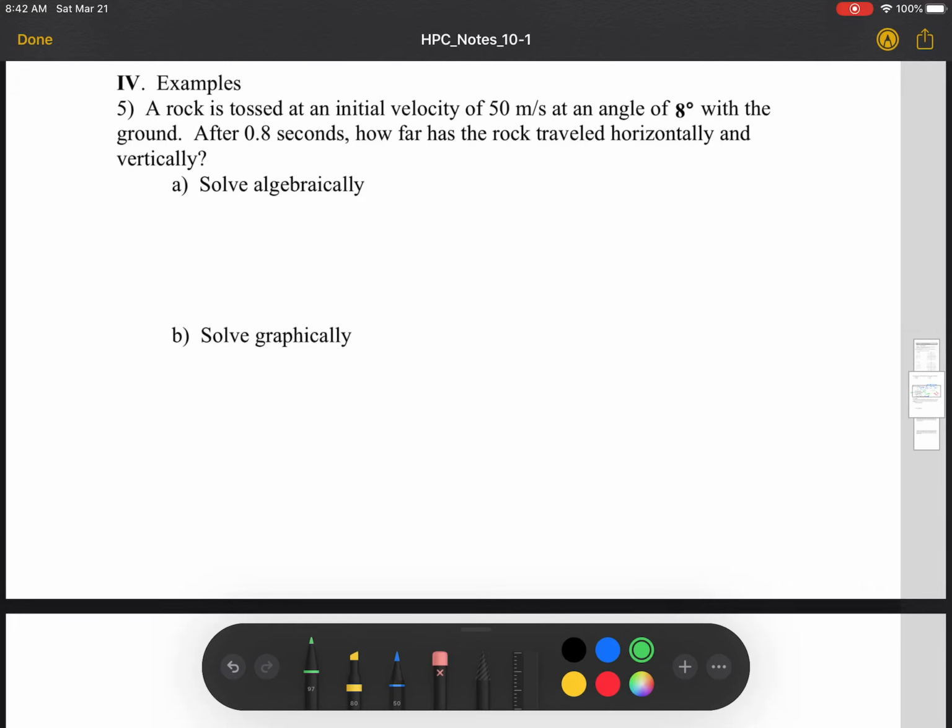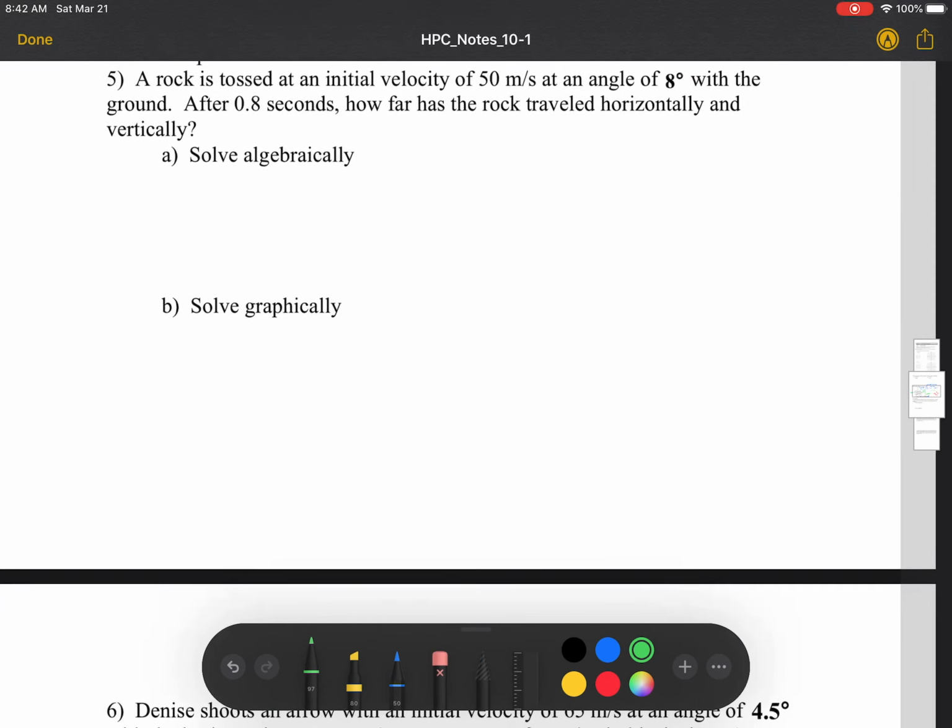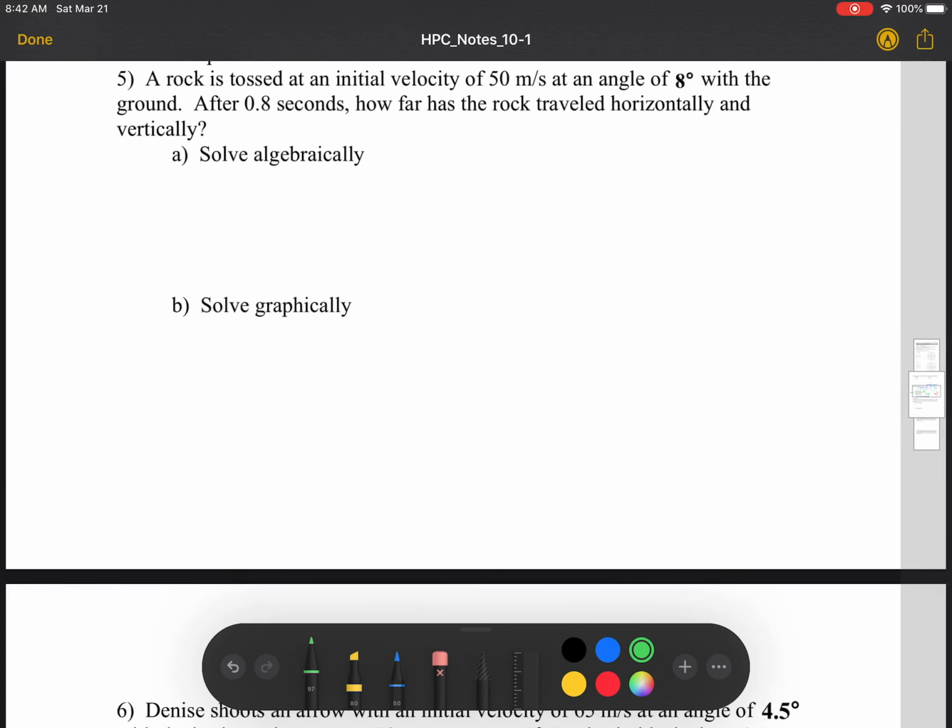So first it's asking us to solve it algebraically. The first thing we always want to do, let's write up our equations, using our general equations. Actually, before we even do that, let's start listing the data that we're given.